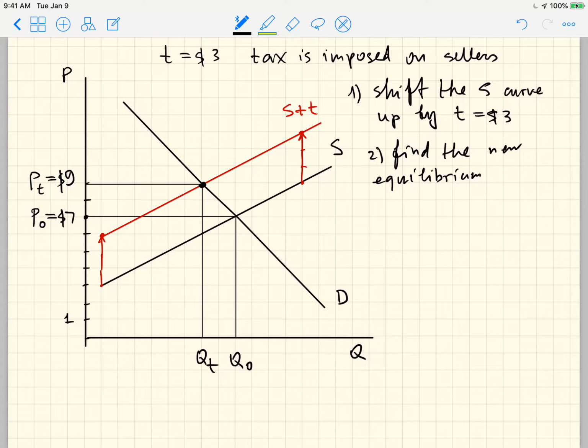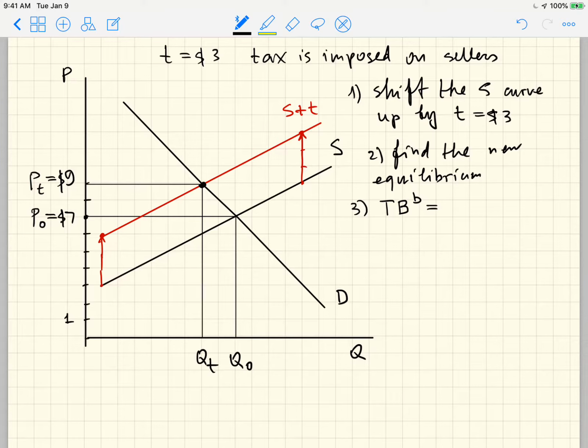Alright, so now we're ready to talk about tax burden. And let's start with tax burden on buyers, because it's actually easier. Buyers are not paying the tax, so we can figure out how much they suffer, so to speak, due to this tax fairly easily.